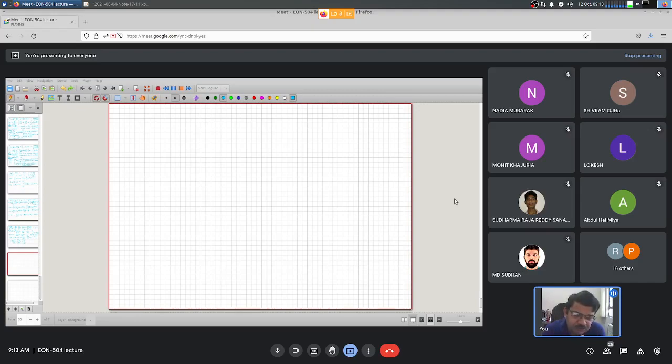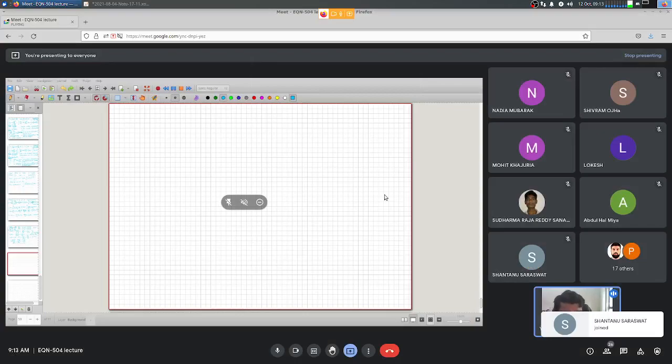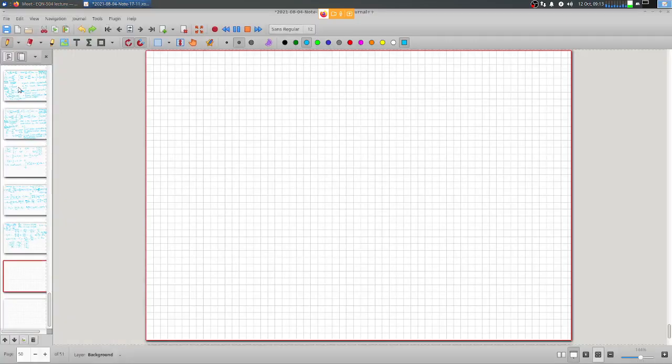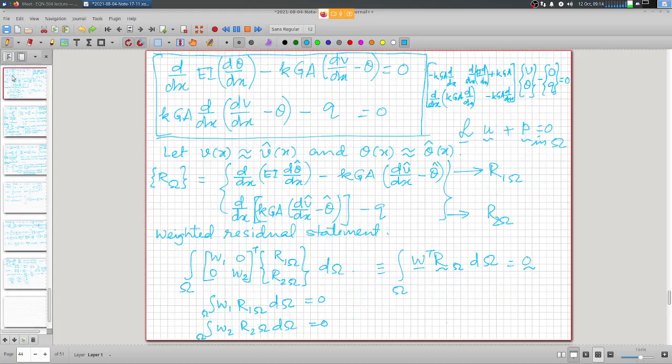And once we develop that and establish the equilibrium equations, we find that the shear deformation theory can be described by a couple of simultaneous equations.